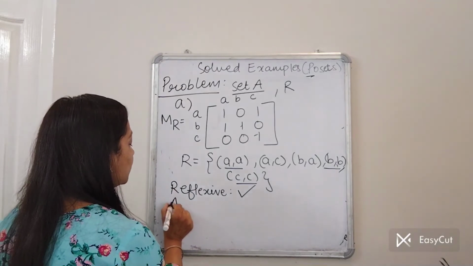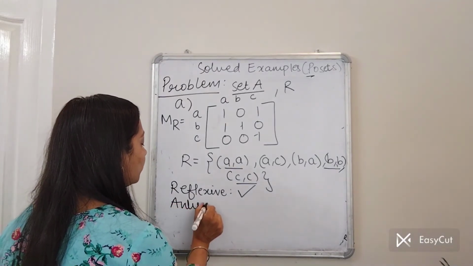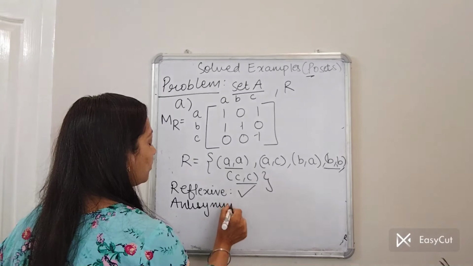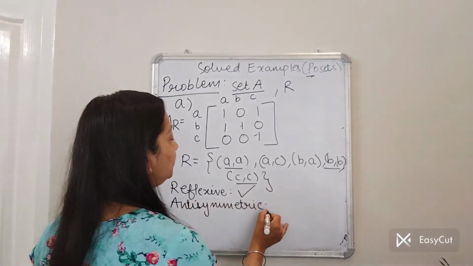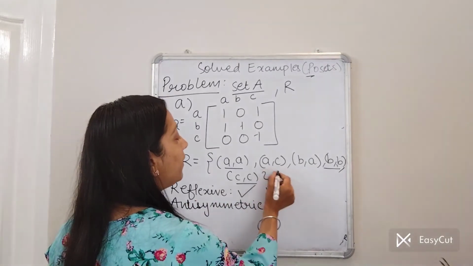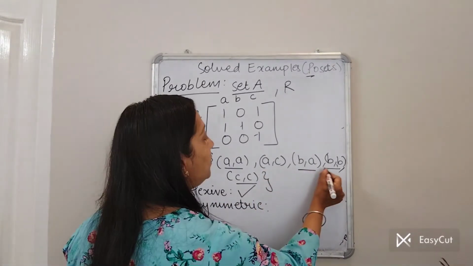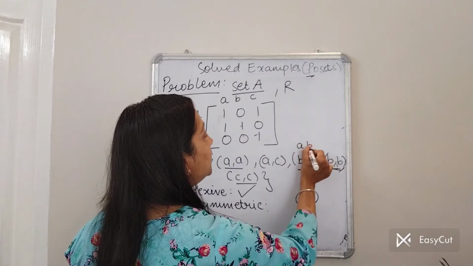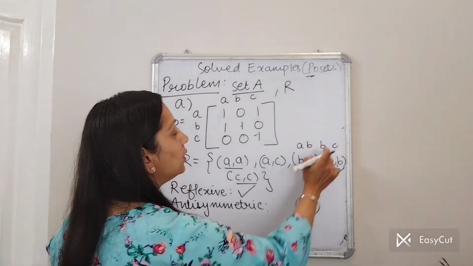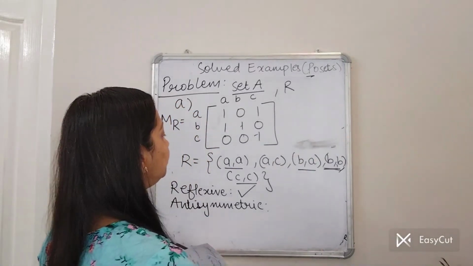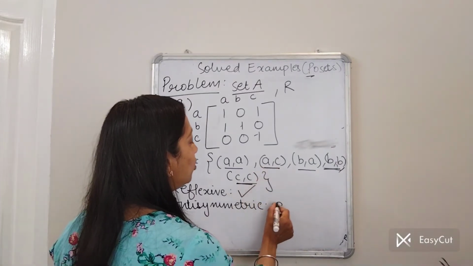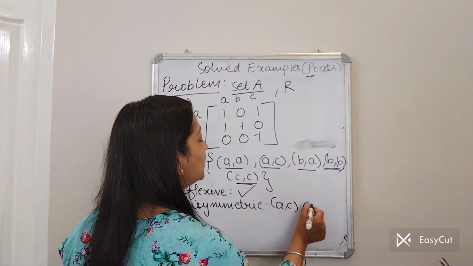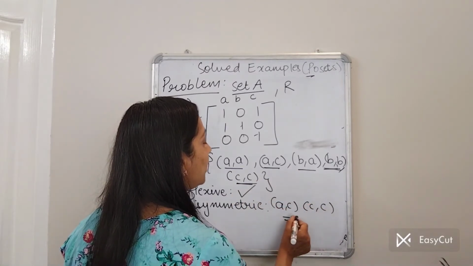Now let's see if it is antisymmetric or not. Now to be antisymmetric, if I take AC and CC, so I know if AC and CC exist, then AC must also exist.